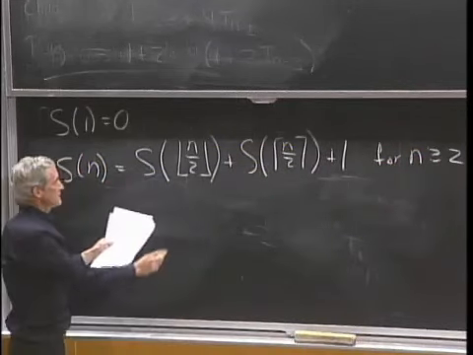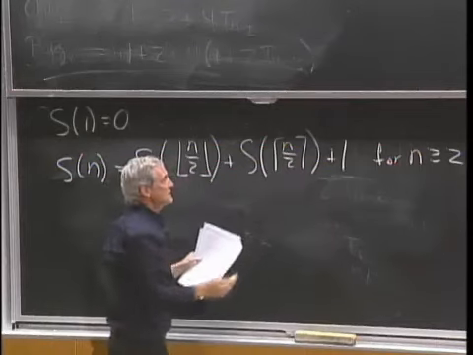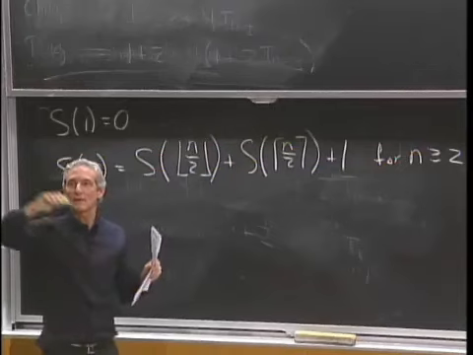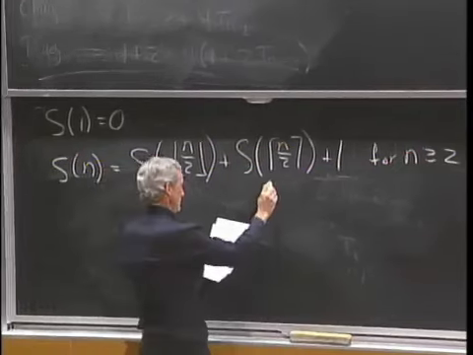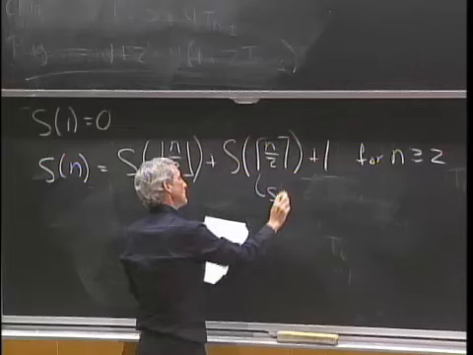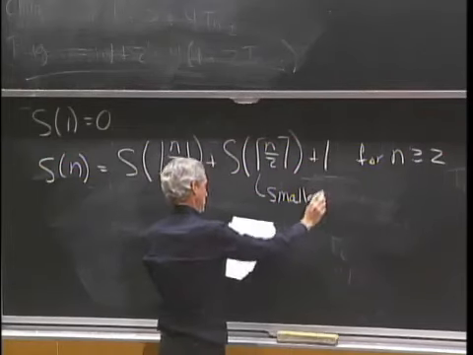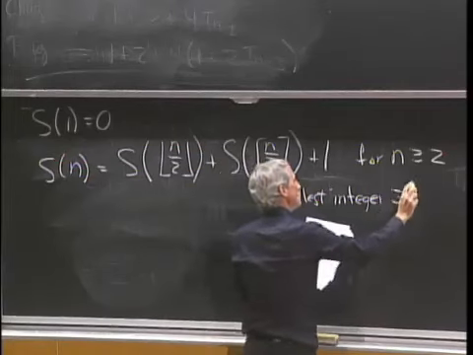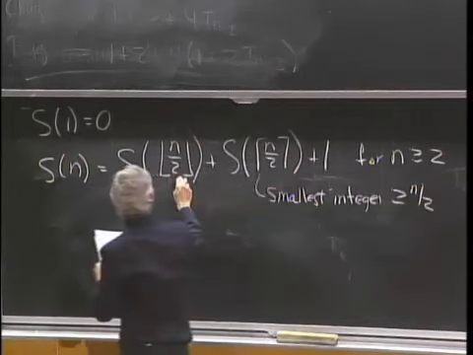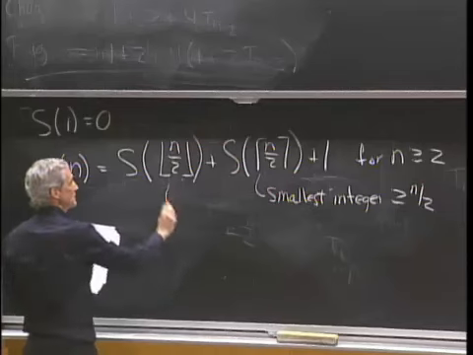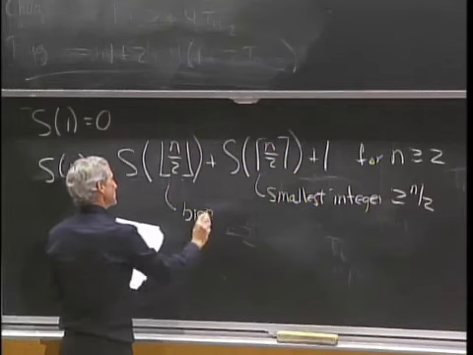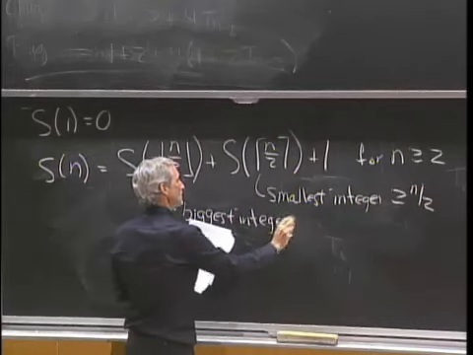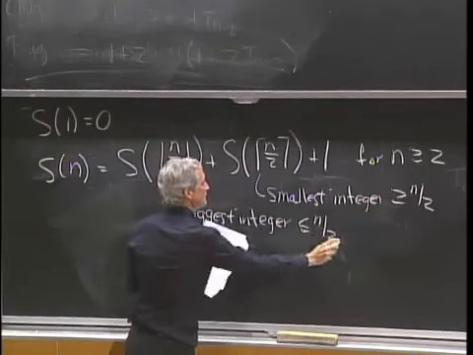Now, the ceiling function means the smallest integer that's at least that big. So you're sort of rounding up to the next integer. And the floor function means you're rounding down to the next integer. So it's the biggest integer less than or equal to n over 2.